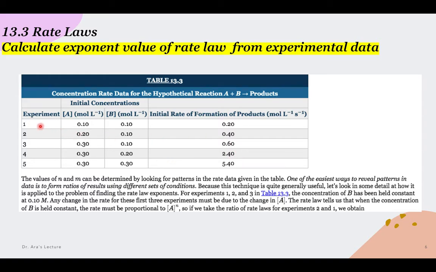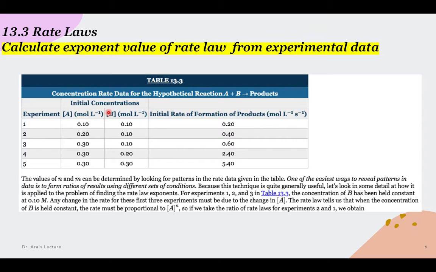And for each design of experiment, we have the value. So now we can compare the rate of reaction of experiment 2 with respect to 1 and of course A. Similarly, we can compare the experimental reaction rate for experiment 4 to experiment 1.